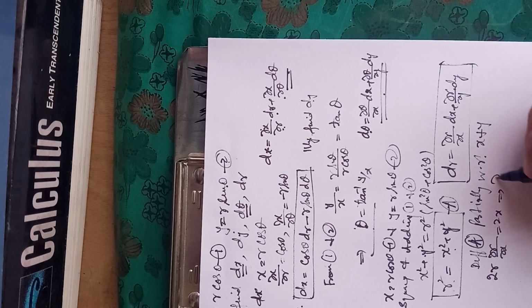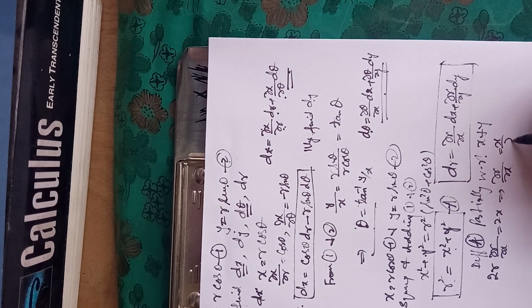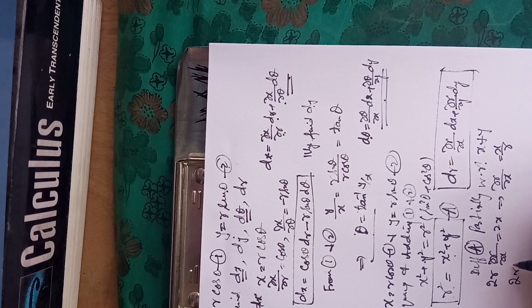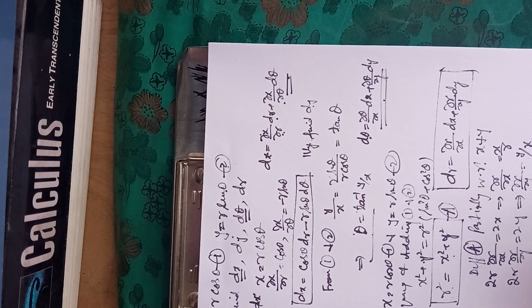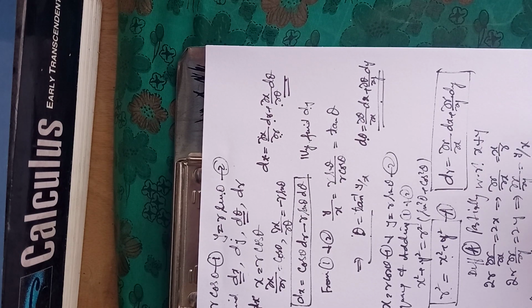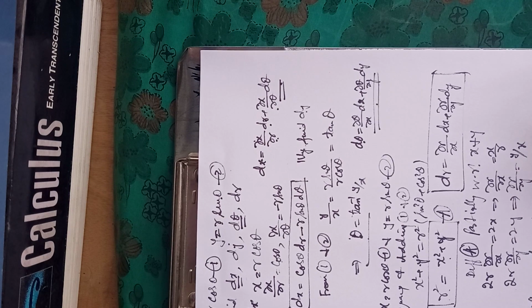This means del r by del x is equal to x by r. Similarly, 2r del r by del y is equal to 2y, which means del r by del y is equal to y by r. Thus, dr is x by r dx plus y by r dy, or x dx plus y dy is equal to r dr. This is the relation. This is dr.